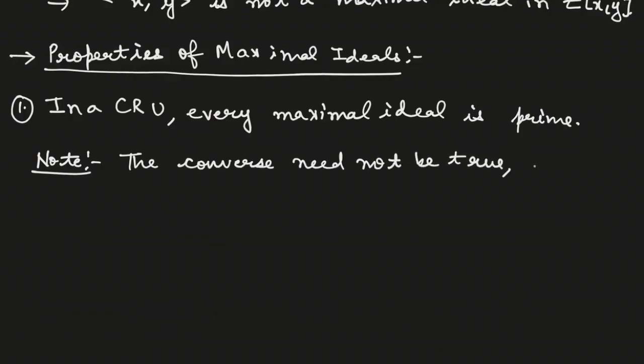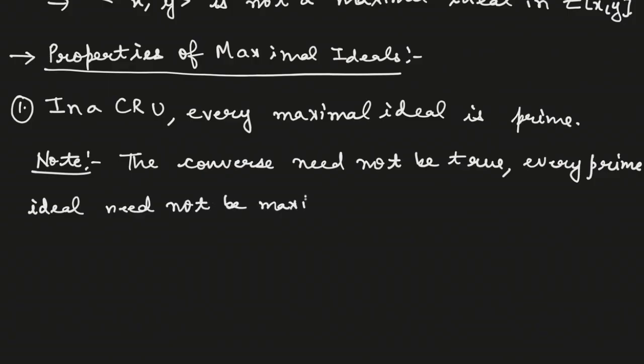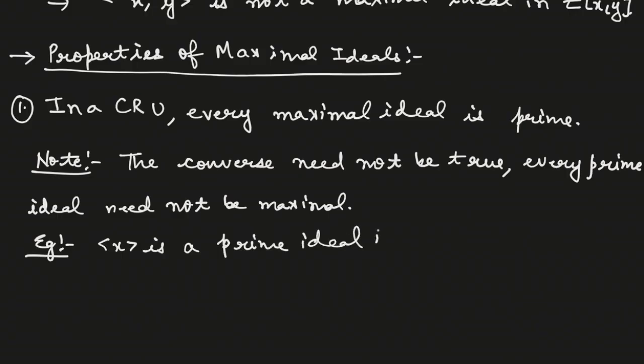Every prime ideal need not be maximal. For example, the ideal generated by x is a prime ideal in Z[x] but not maximal.